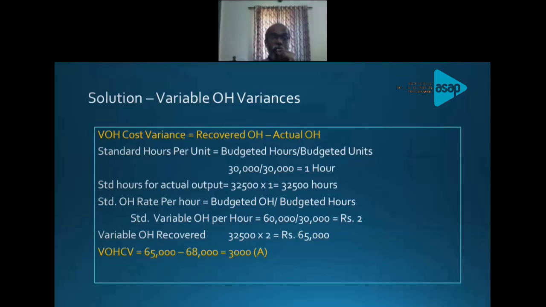The standard hours for actual output is 32,500 hours. For producing 1 unit, we need 1 hour, so the number of hours required for producing 32,500 units is 32,500 hours.